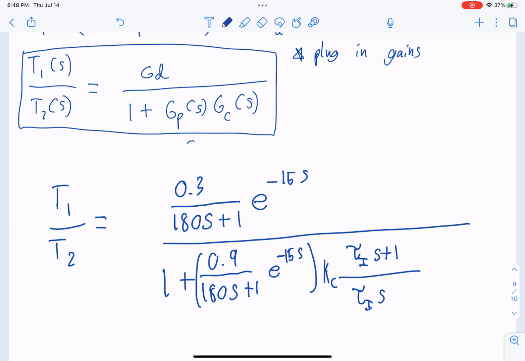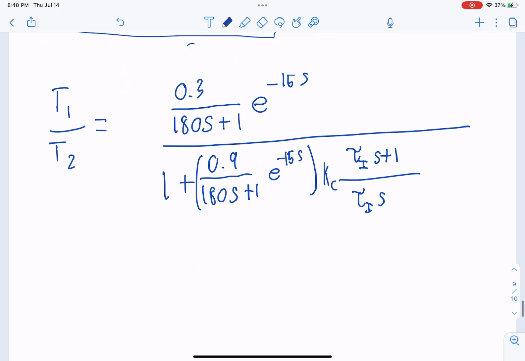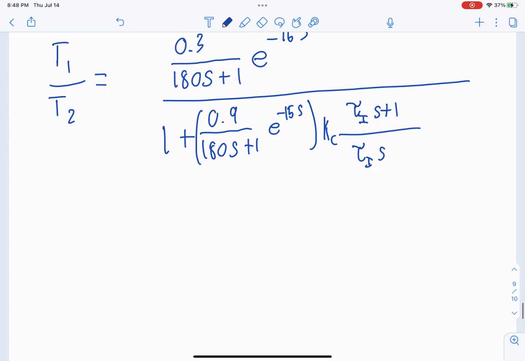All right, let's think about things. We can linearize some things. We've got this 1 plus 15s, e to the negative 15s is the main thing. Everything else we can kind of transform from Laplace back.